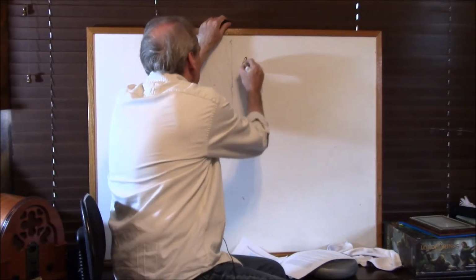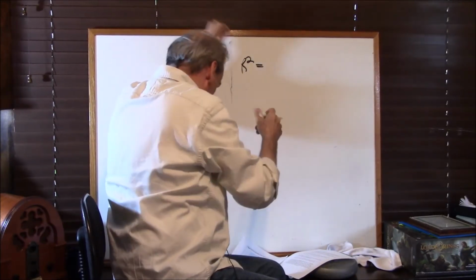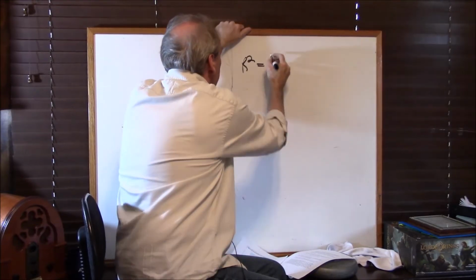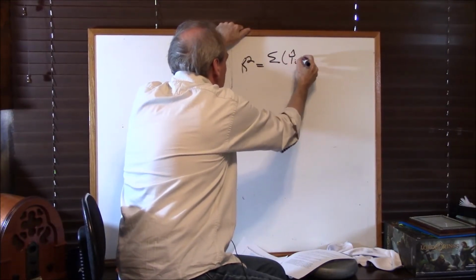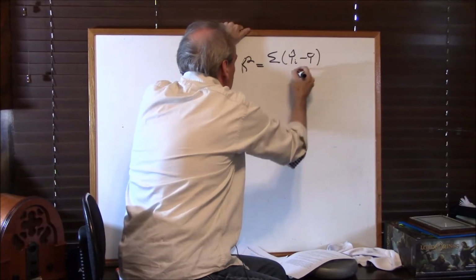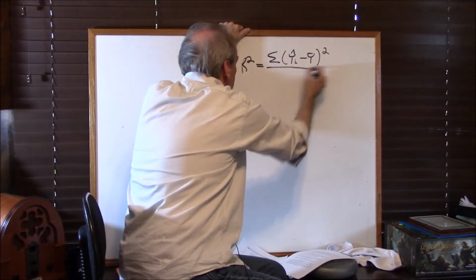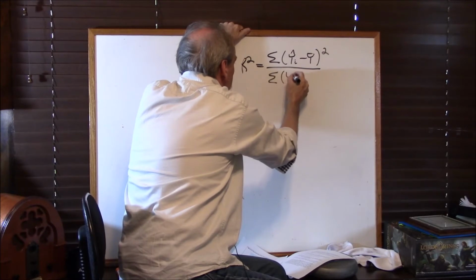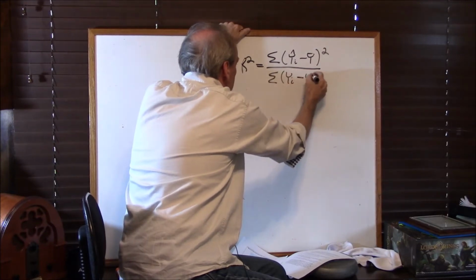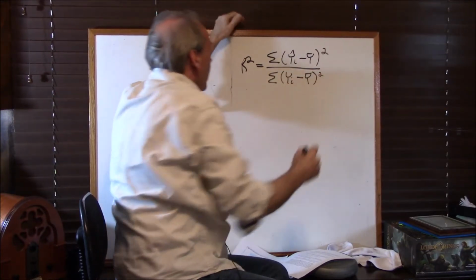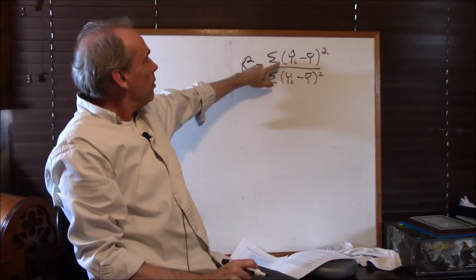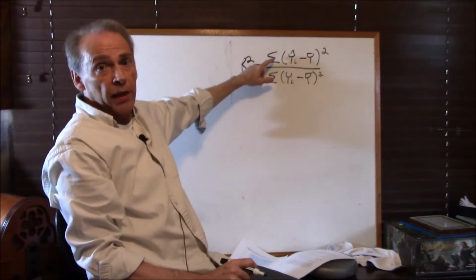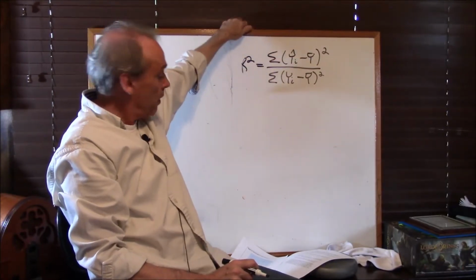R squared was equal to the sum of what you did explain divided into the sum of what there is to be explained. All right, so here's the percentage of the stuff that you did explain.